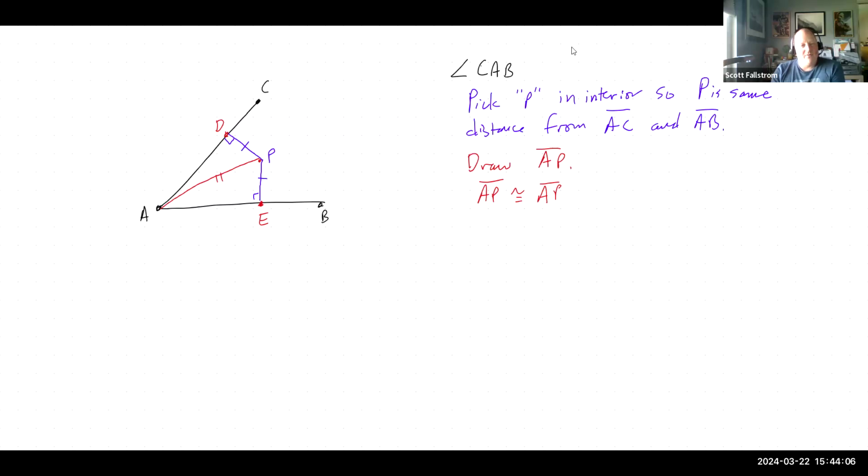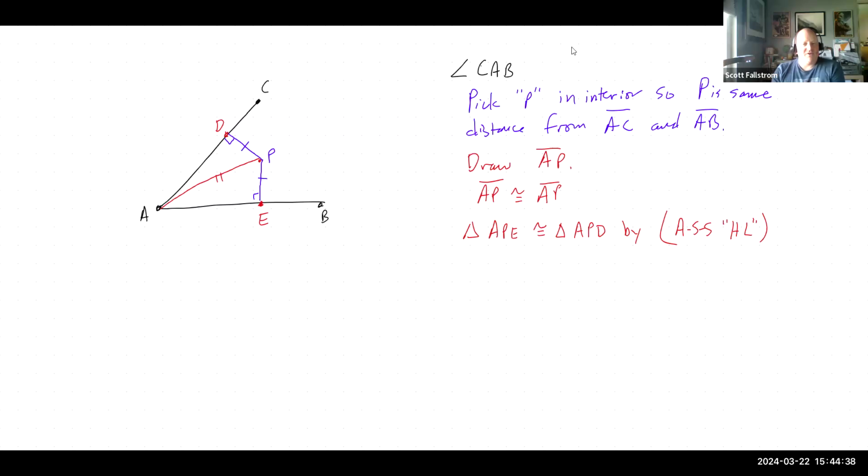So what we know is that triangle APE is congruent to triangle APD by a special case of ASS known as hypotenuse leg, which in a right triangle means if you know the hypotenuse and you know one of the other sides, you get congruent triangles every time because it's a right triangle.